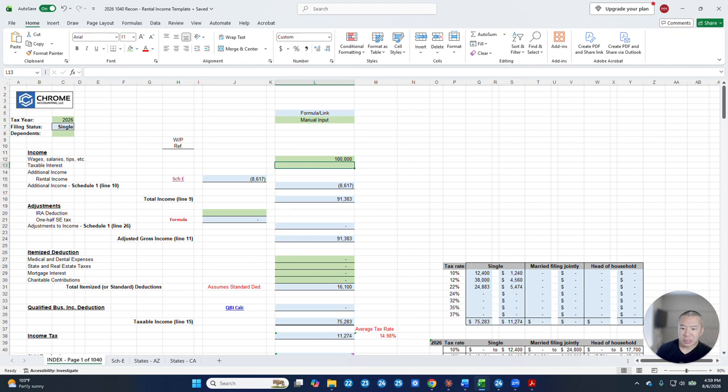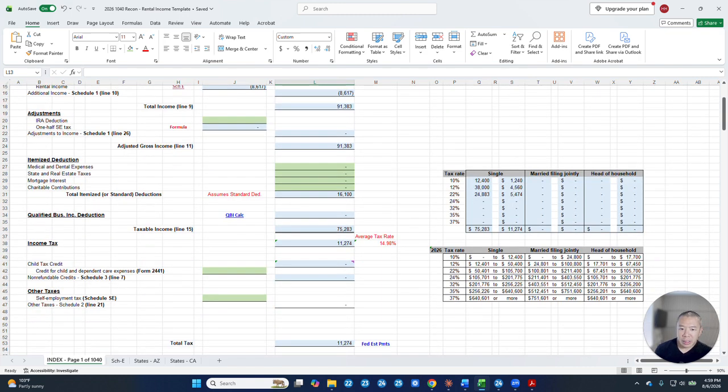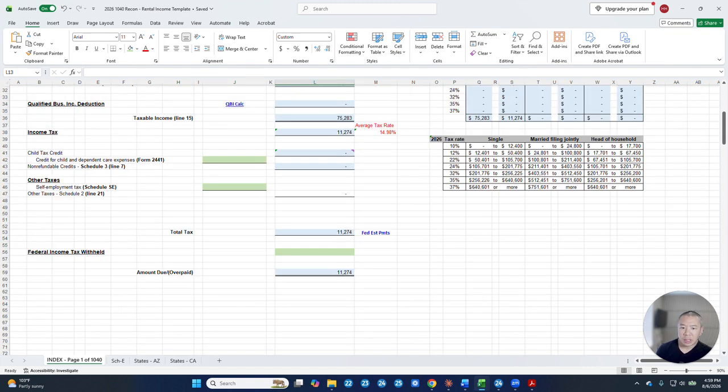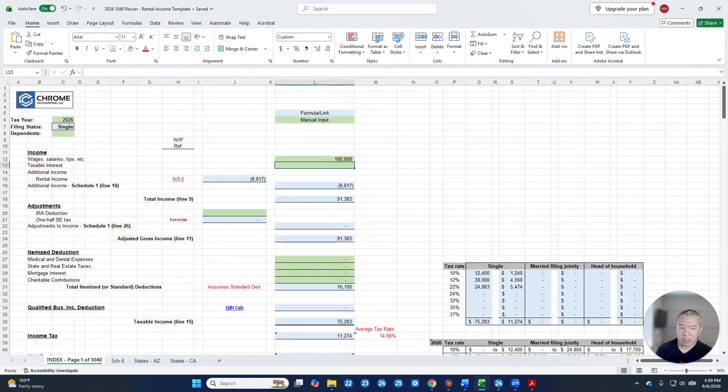So there's no limitation on that. In this scenario, they made 100 grand, they're single, reduce that by the standard deduction, and their tax on that is about $11,274. I didn't do any income withheld. This is just primarily focusing on just rental income. So that in this scenario is beneficial for the client in terms of taxes, because they get reduced by $8,600 of rental income.